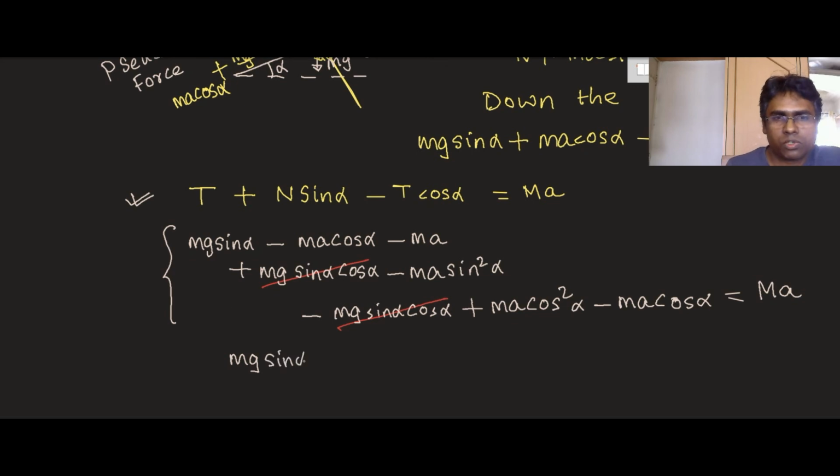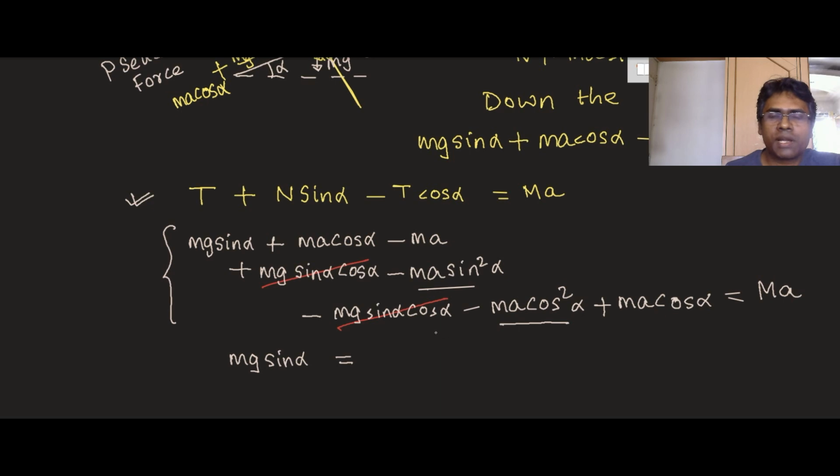Whatever I have with a, I'm going to send to the other side, ma sin square alpha and ma cos square alpha. A little while ago I made some plus minus errors here, so carefully look at this equation again. I think I have corrected it now.